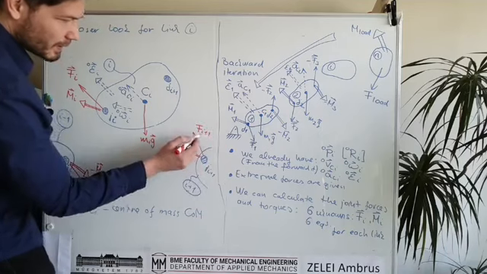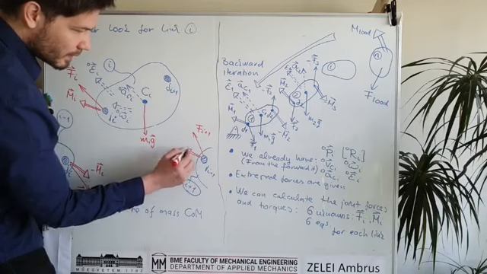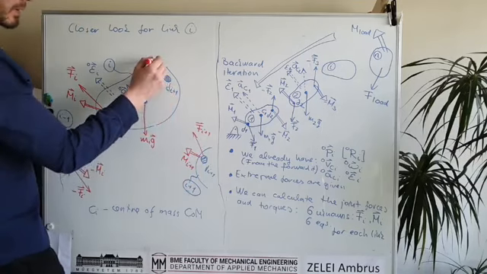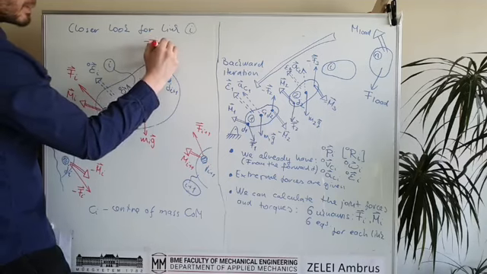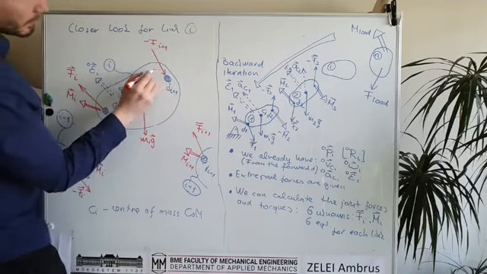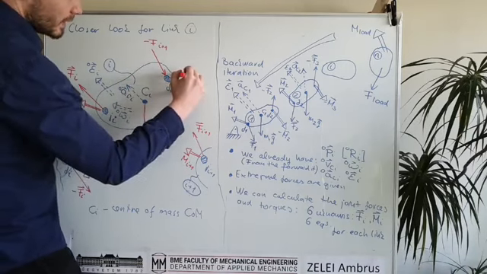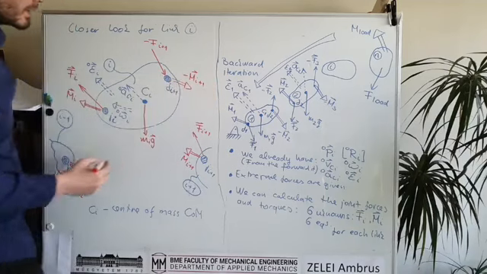This is link i plus 1, so this is the positive force and the torque, and their negative version can be seen here. So this is minus Fi plus 1, and the torque is also acting in the opposite direction, minus Mi plus 1.